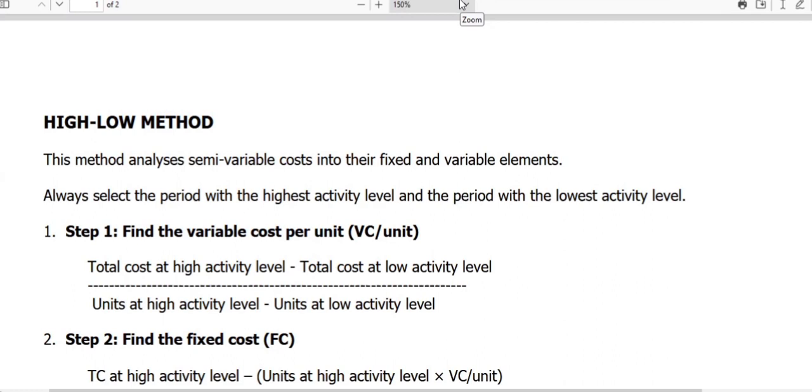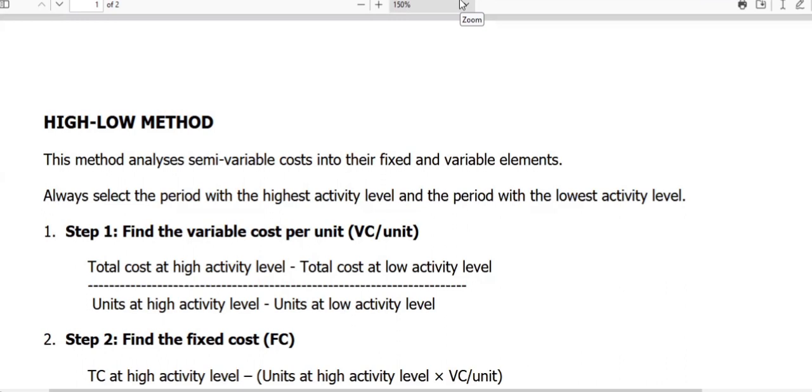The high-low method analyzes semi-variable costs into their fixed and variable elements. But how do we use this method? We always select the period with the highest activity level and the period with the lowest activity level.